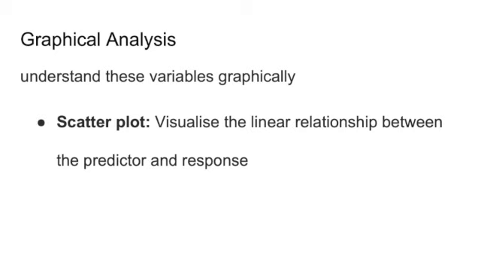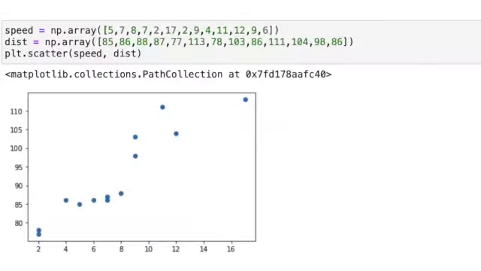Graphical analysis. Graphical analysis will help us understand these variables graphically. First one is the scatter plot. It helps us to visualize the linear regression relationship between the predictor and response. So this is a very quick example of a scatter plot. We put speed as the x coordinate and distance as the y coordinate.